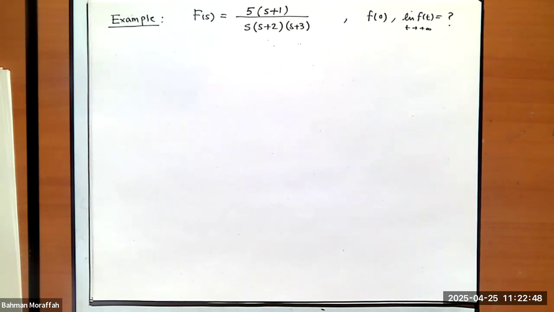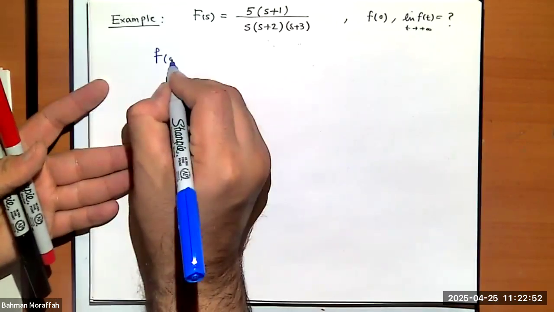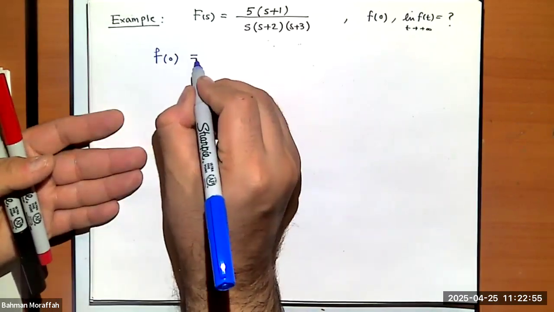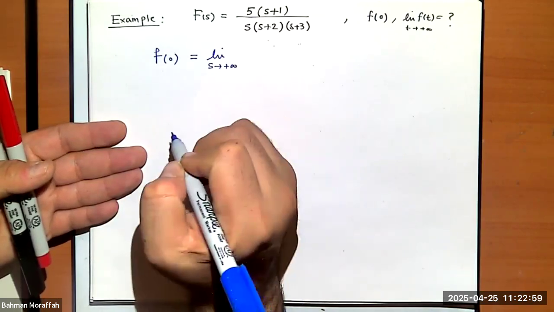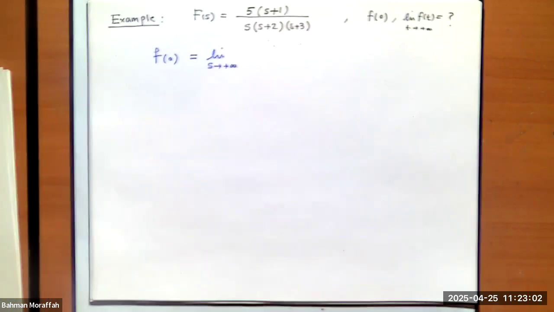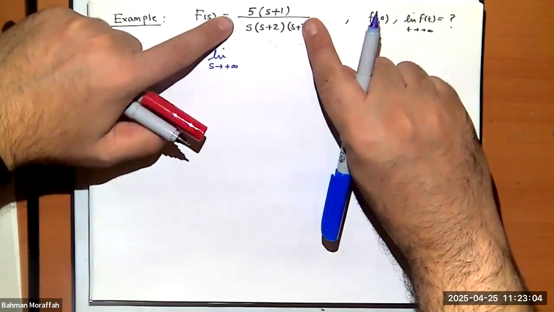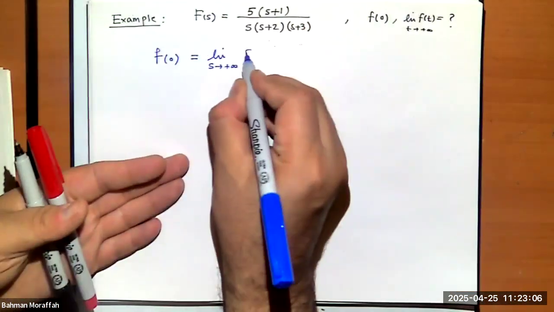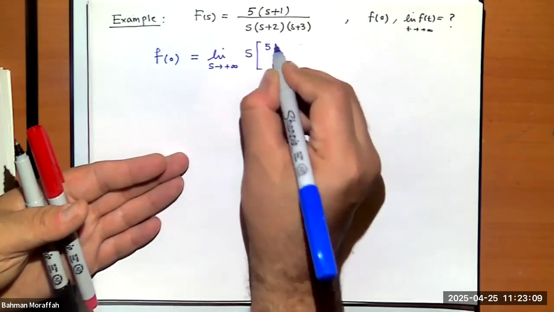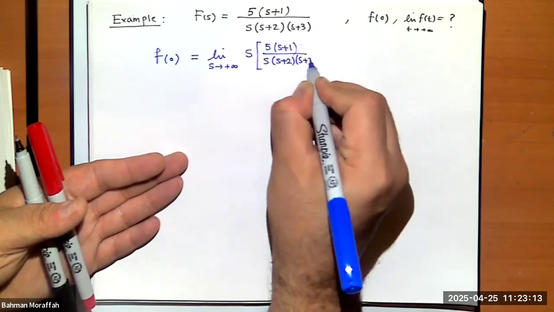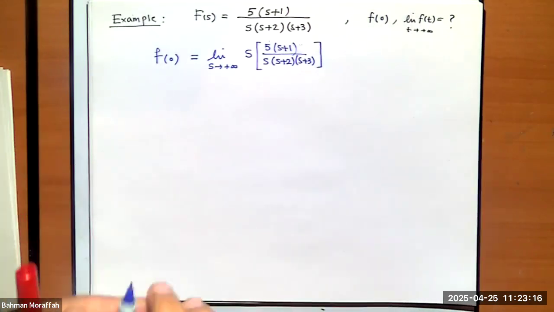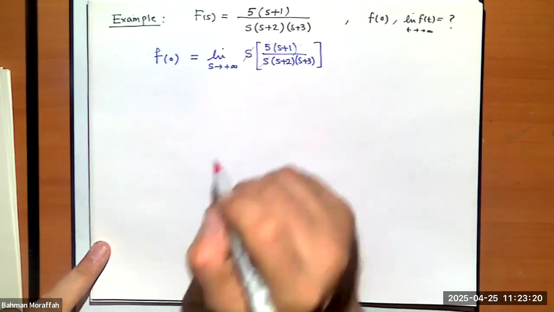By the initial value theorem, I know if I want to compute f at time 0, it is the same as the limit as s goes to infinity of s times F(s). So I have to multiply this F(s) by s. So I have s times 5 times (s plus 1) divided by s times (s plus 2) times (s plus 3). This s and this s cancel each other out.